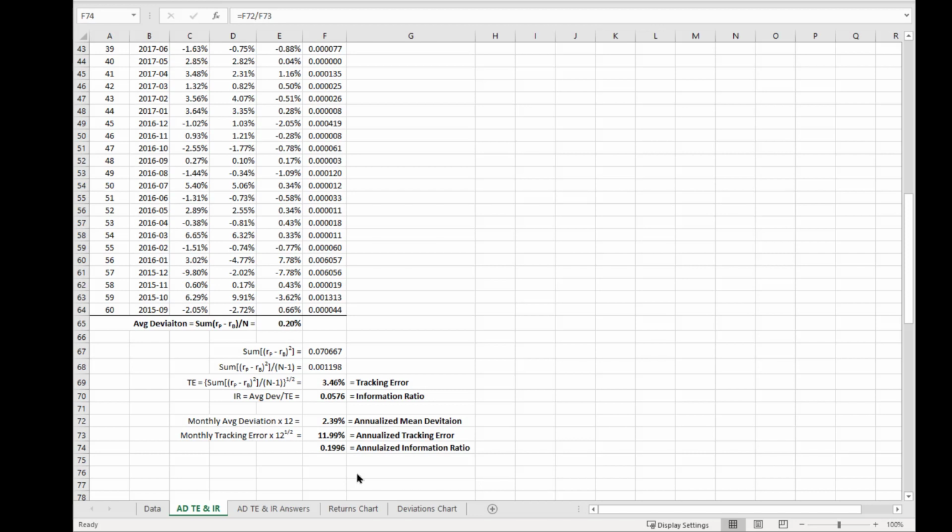So what do I do with this number? What do I do with this 0.1996 annualized information ratio? Remember, it's telling me the number of the tracking errors it takes to go from this annualized mean deviation of 2.39%. Remember that this fund is beating the benchmark by 0.2% per month or 2.4% per year, but there's some volatility associated with that.